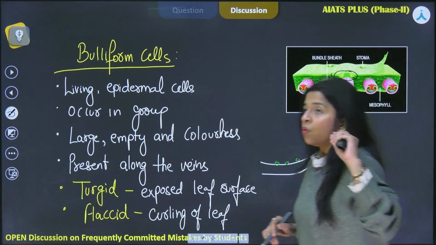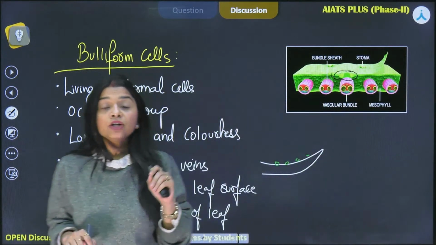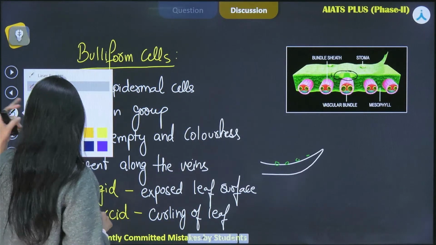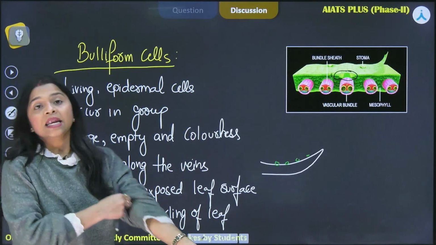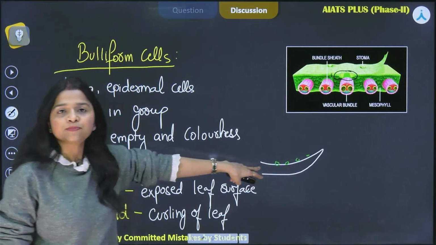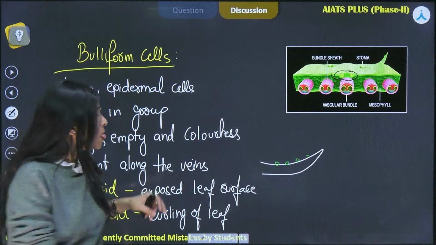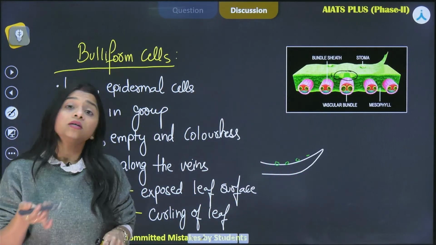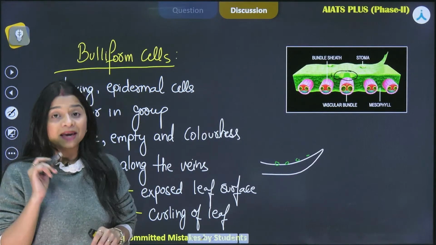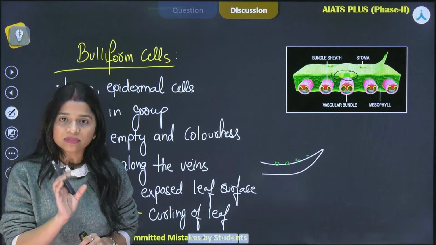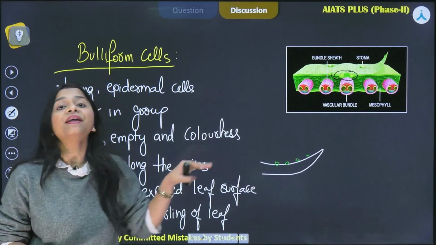Now, one particular point in which students often get confused is the position of these bulliform cells. Please pay attention. I showed this grass leaf to you. If this leaf has to curl, it curls inwards. Because it has to curl inwards, the position of bulliform cells should be on the upper epidermis.